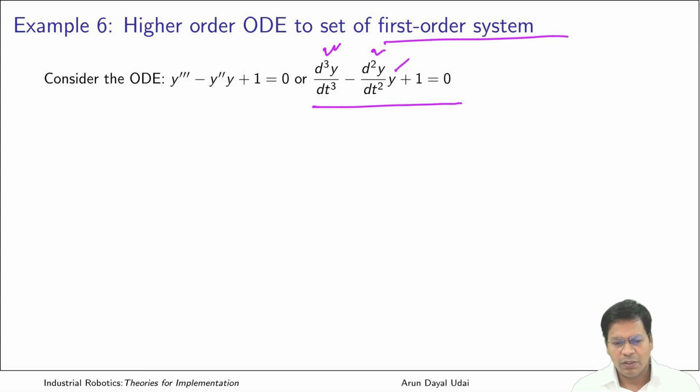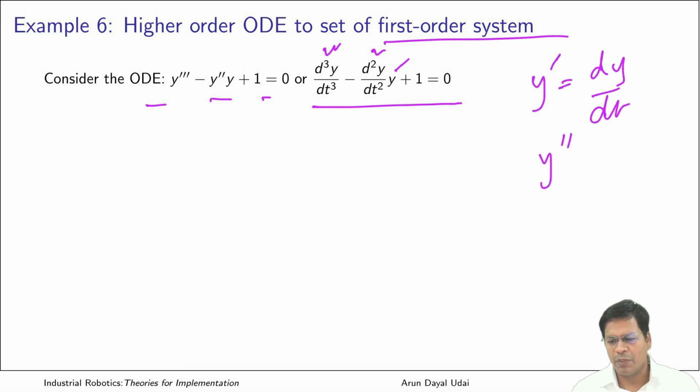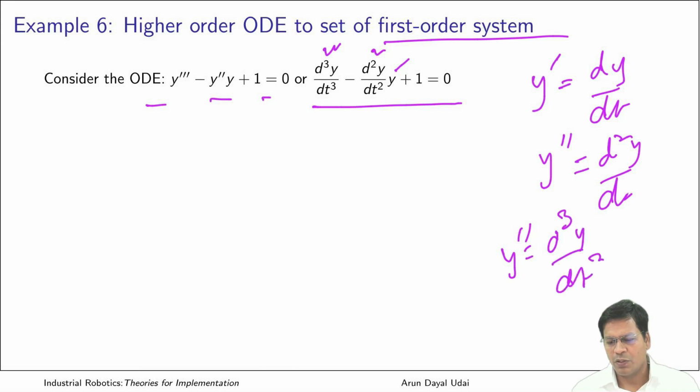The system can be represented like this in a compact manner. Here y single prime is basically dy by dt, y double prime is d square y by dt square, and y triple prime is equal to d cube y by dt cube. So this is how they are.